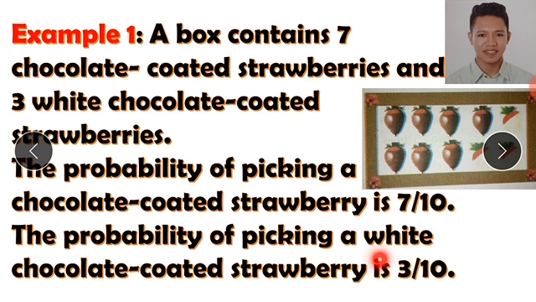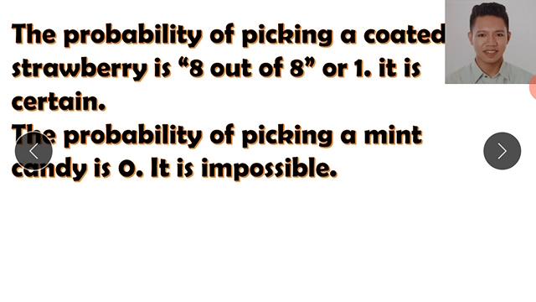And for the white chocolate coated strawberry, 3/10 or 30%, this is unlikely to happen. So that is another example of theoretical probability.